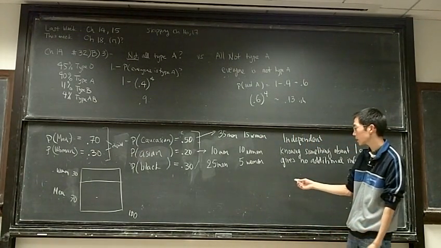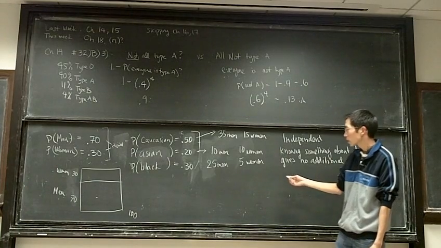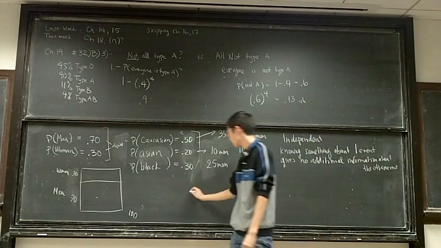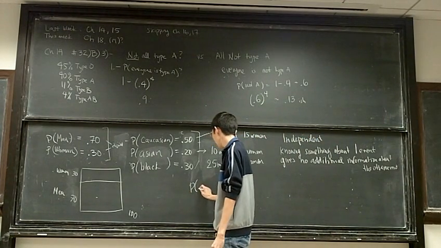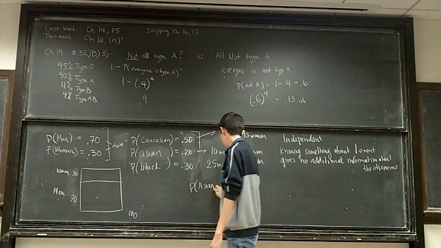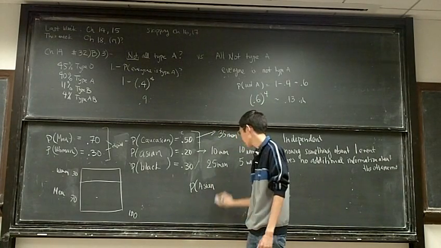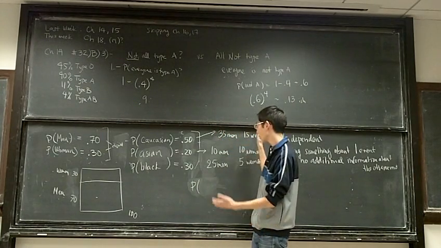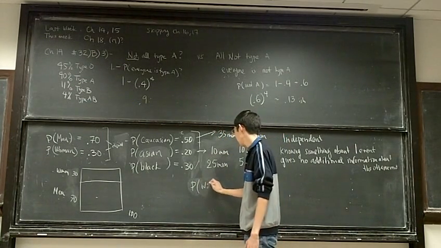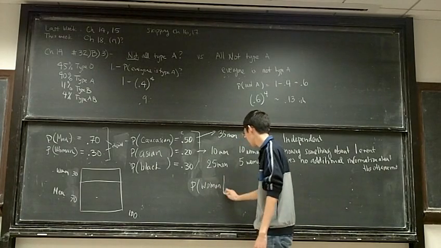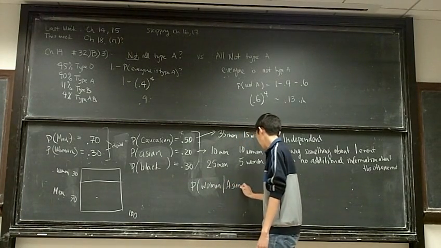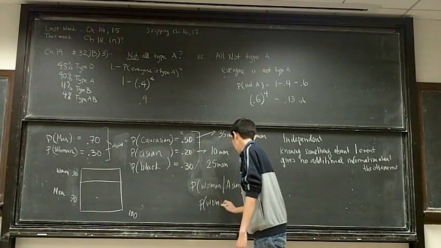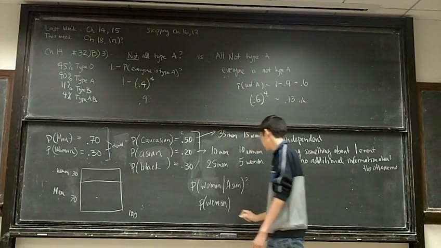So let's look first at the Asian category here, okay? And so we can ask, what is the probability of being Asian? Or actually, better yet, what's the probability of being a woman if you're Asian, versus what's the probability of being just a woman in general, okay?